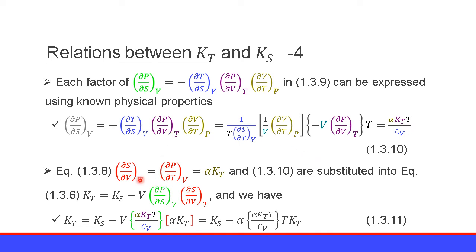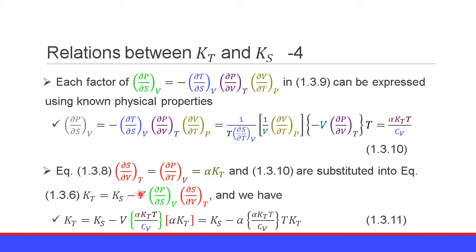As we have already seen, ∂S/∂V at T is equal to the thermal expansion coefficient alpha times the isothermal bulk modulus Kt.